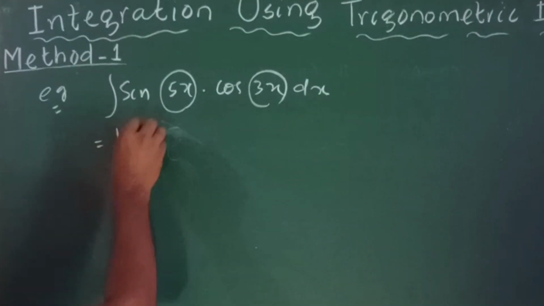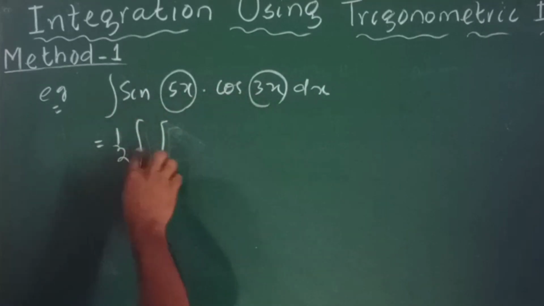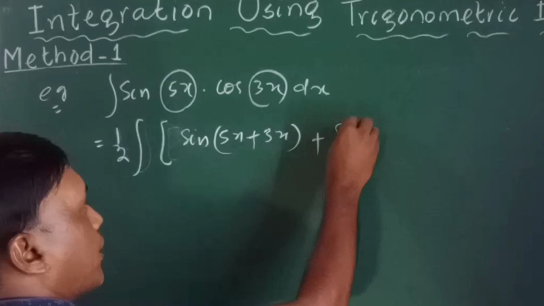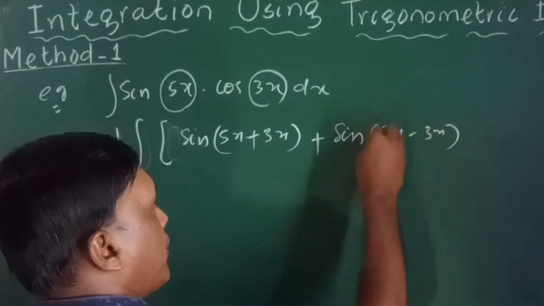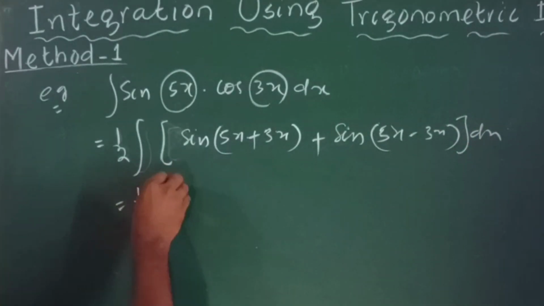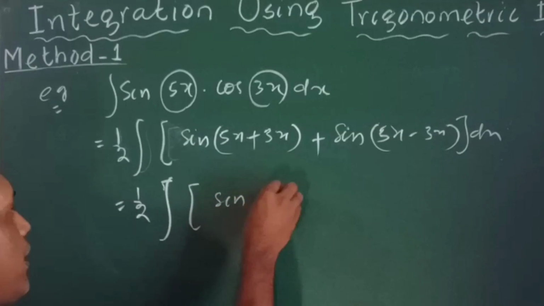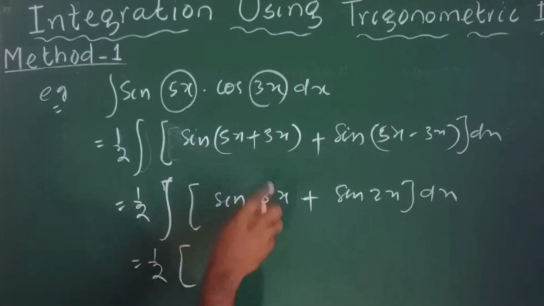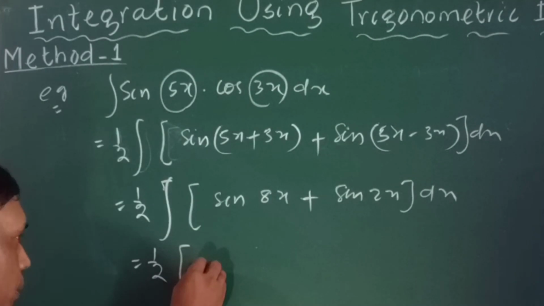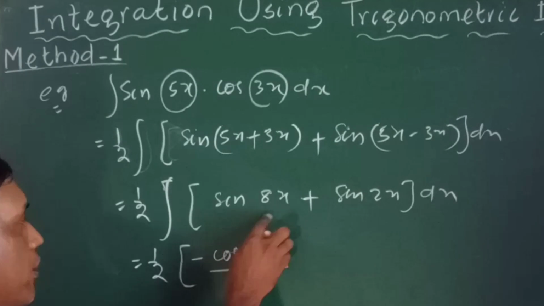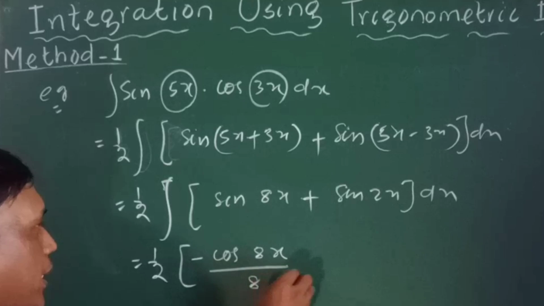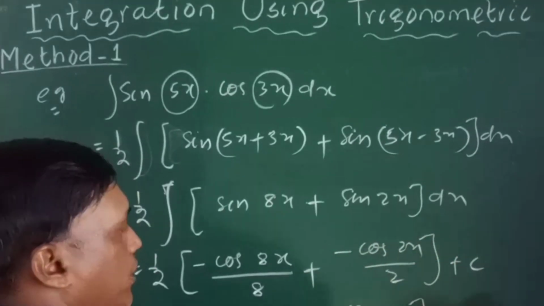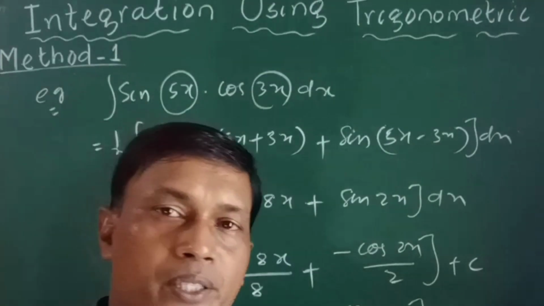So this is half of the integration of sin(5x plus 3x) plus sin(5x minus 3x), which is half of the integration of sin 8x plus sin 2x. The integration of sin x is minus cos x, so this is half of minus cos 8x by 8 plus minus cos 2x by 2, plus c. So by using these four formulas you can solve this type of problem.